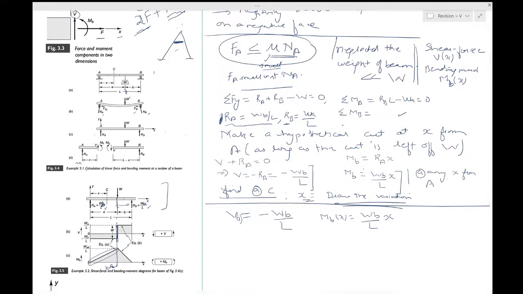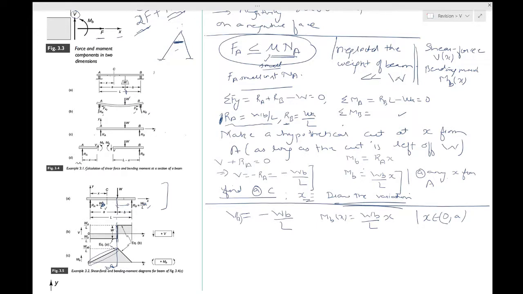So this is actually true when X is between 0 and A. You want to find it for X equal to A to X equal to L.